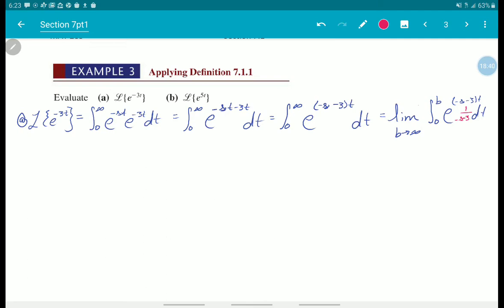And we can compensate with a 1 over negative s minus 3 outside. So then when we integrate, we would get 1 over negative s minus 3 times the limit as b goes to infinity of e to the u, and then we're going to evaluate from 0 to b.